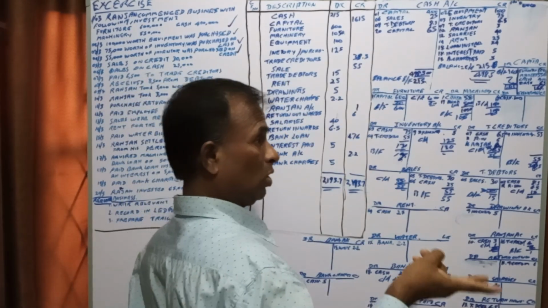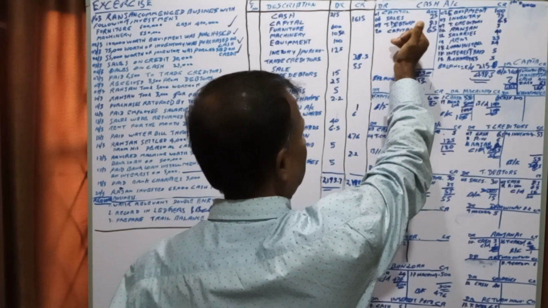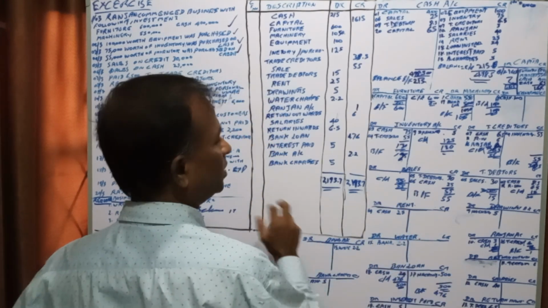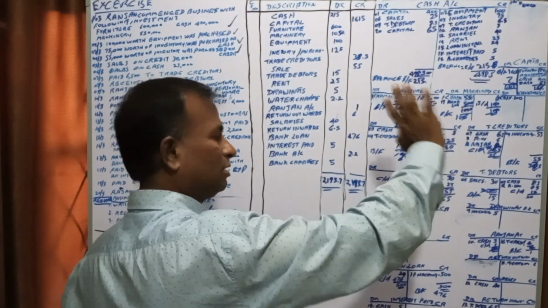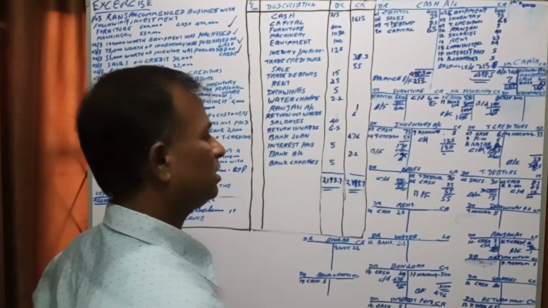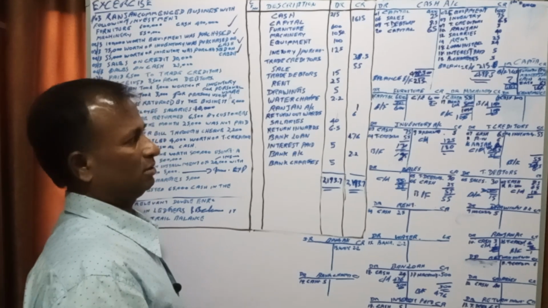If you put both entries as debit, or both in credit, then the trial balance will not balance. Those are the reasons why the trial balance does not balance.